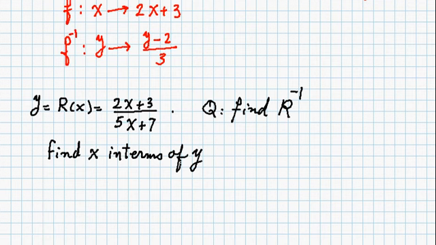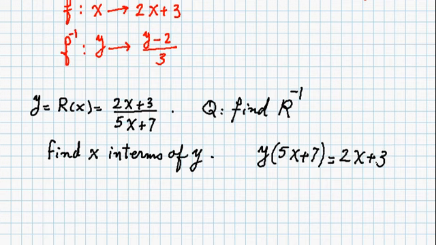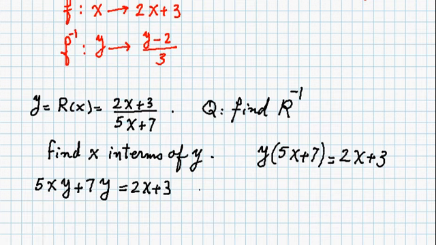If we can manage to do that, we have found our inverse. Well, each of these problems has its own approach. Essentially, you have an equation, and you have to find a way that is applicable in that case to turn that equation around. Here, what we can do is cross multiply, so I'll have y times 5x plus 7 is equal to 2x plus 3. I open this, I get 5xy plus 7y is equal to 2x plus 3.